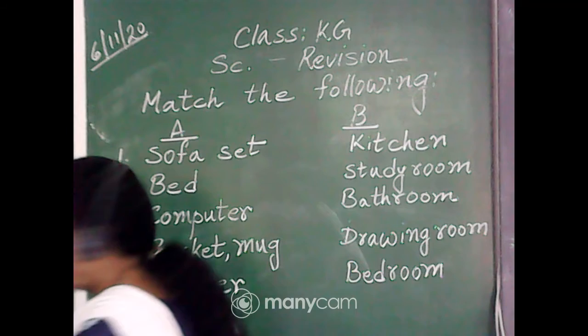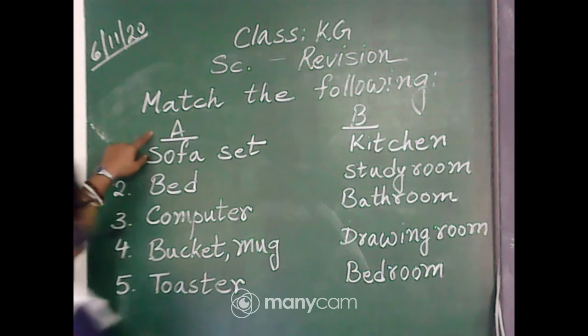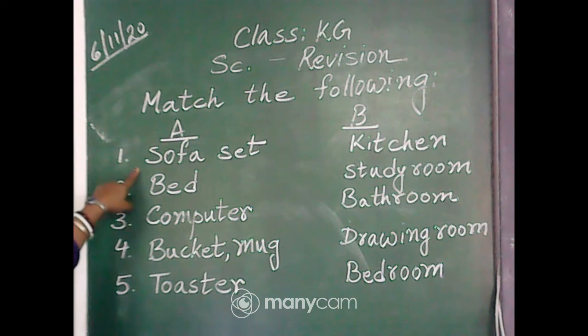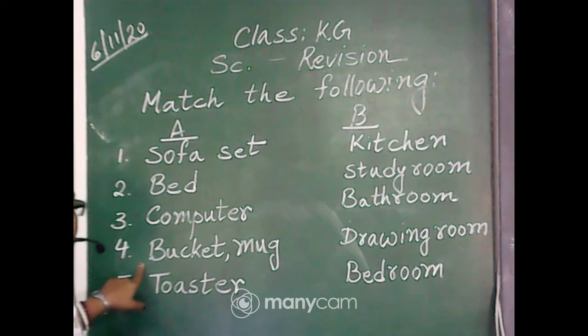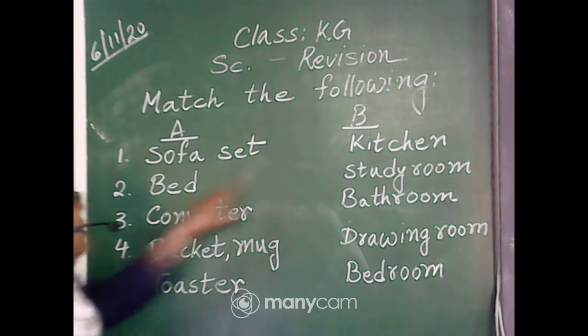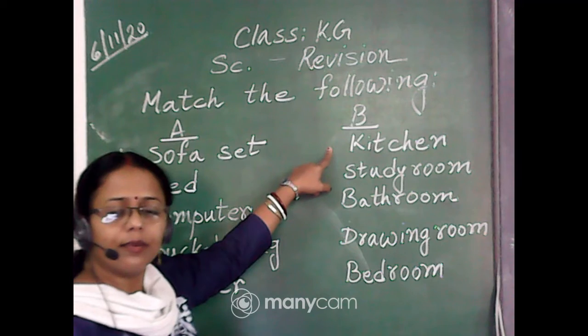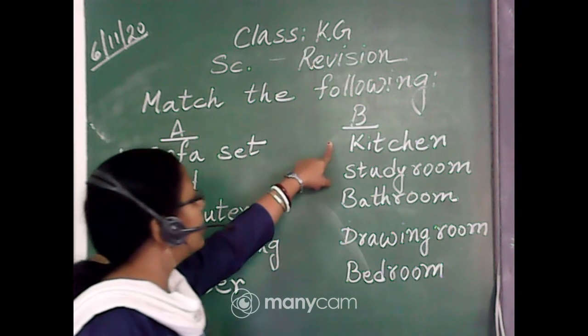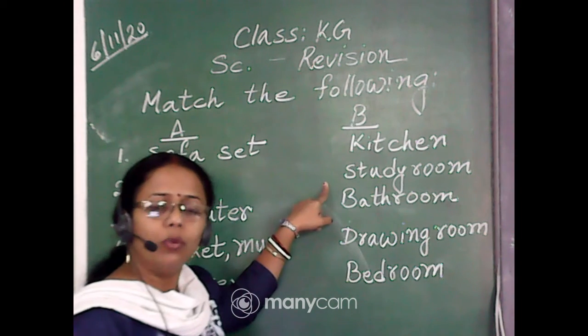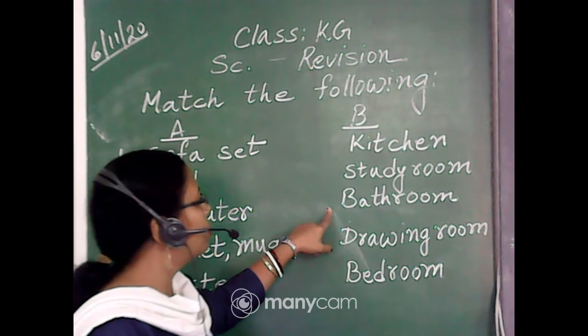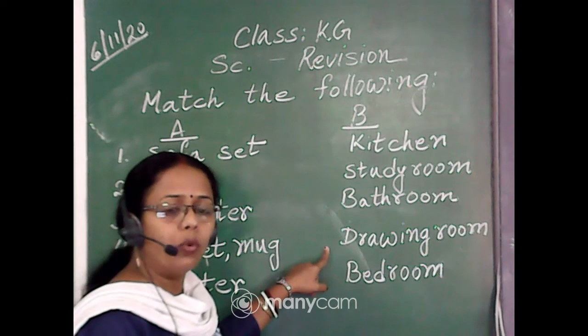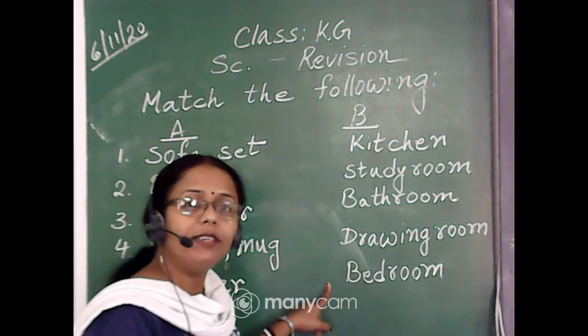So here comes our column A: sofa set, bed, computer, bucket, mug and toaster, right? Here comes column B: kitchen, study room, bathroom, drawing room and bedroom.